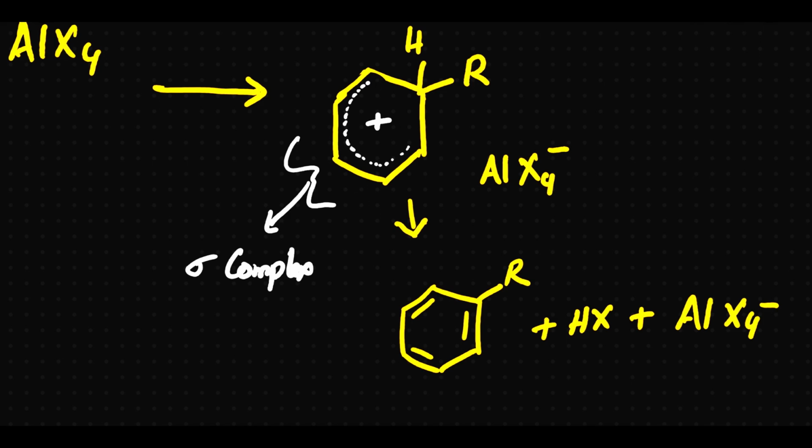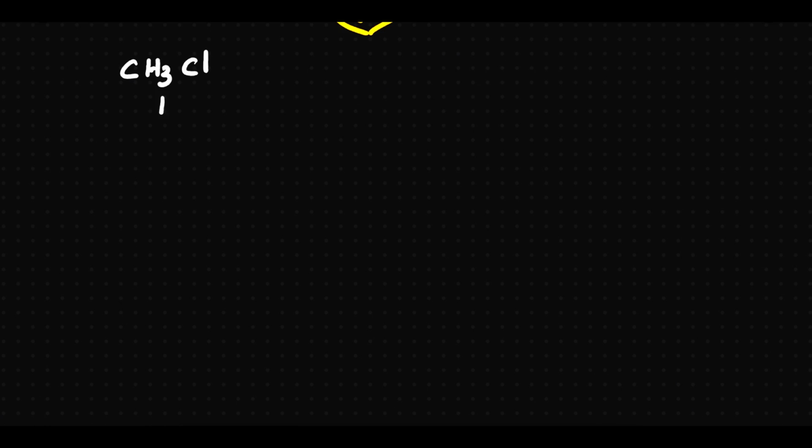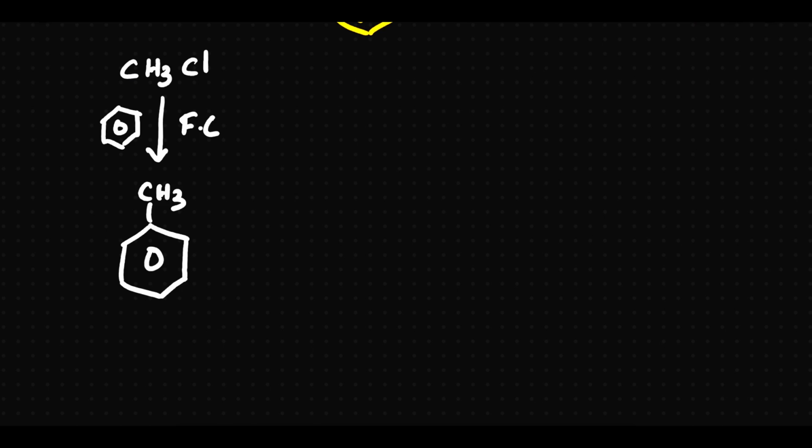Okay, let's look at one of the aspects of this reaction. Suppose we use the reagent CH3Cl. Using an aromatic compound, we will get a monosubstituted aromatic compound, CH3.